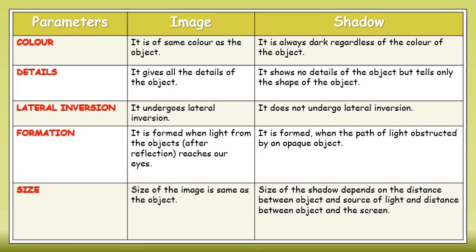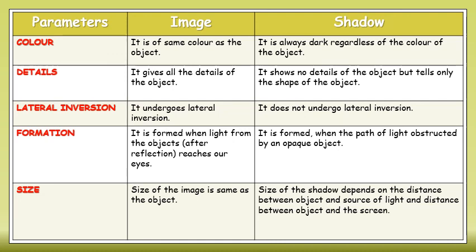It only tells us the shape of the object. Next is lateral inversion. You know that image undergoes lateral inversion, while shadows do not undergo lateral inversion.